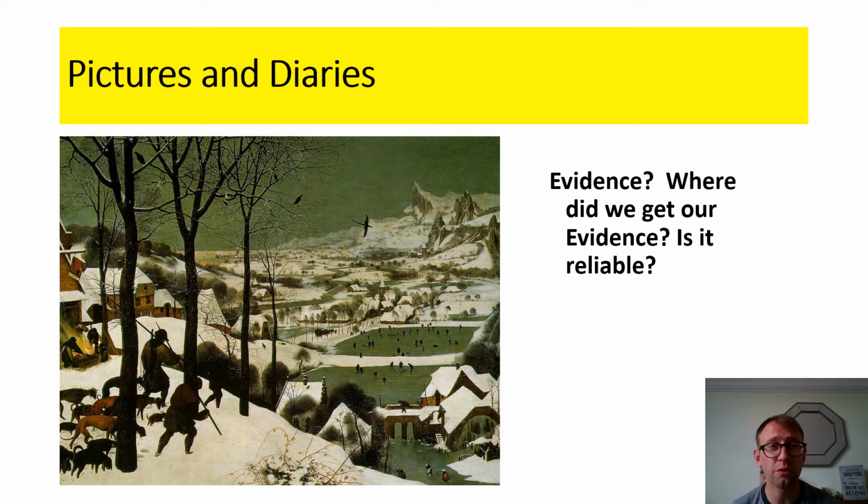Diary entries are another example of something that can be useful. In previous lessons, when you've looked at polar regions and sustaining ecosystems, you've seen interviews with Inuit people living in the Arctic who say, oh yeah, the winters are nowhere near as harsh as they used to be. Our ice stores are melting, so we can't store our meat as well as we used to in our ice caves underground.